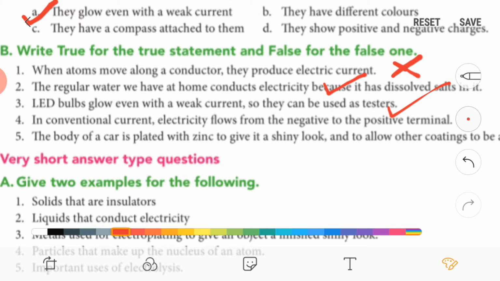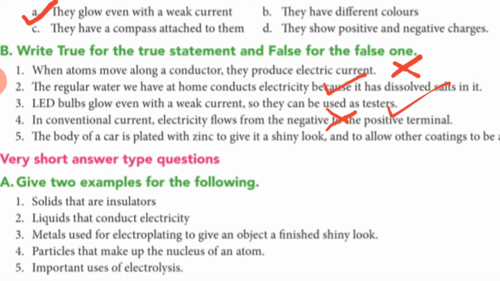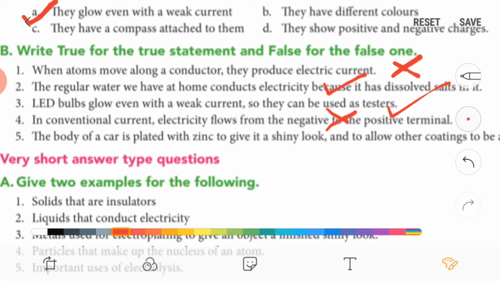Fourth one, in conventional current, electricity flows from the negative to positive terminal. So it is false, because conventional current flows from the positive terminal to negative terminal.